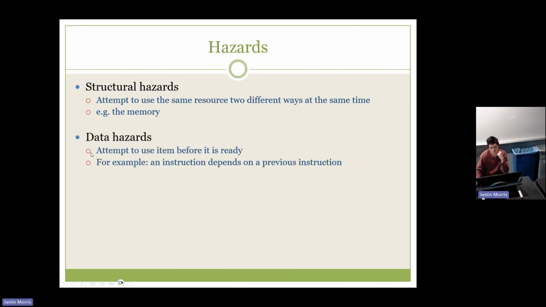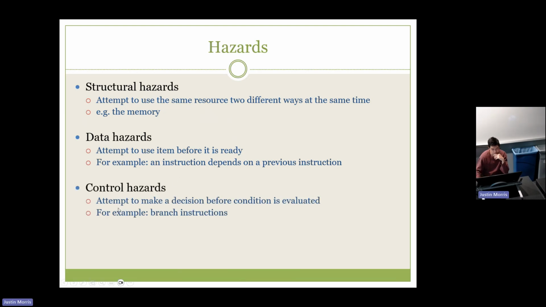But data hazards, we will have these and we will cover these in detail. This occurs when you attempt to use an item before it is written. So if an instruction depends on a previous instruction that hasn't written back its results yet. And then control hazards is when you're attempting to make a decision before the condition is evaluated.